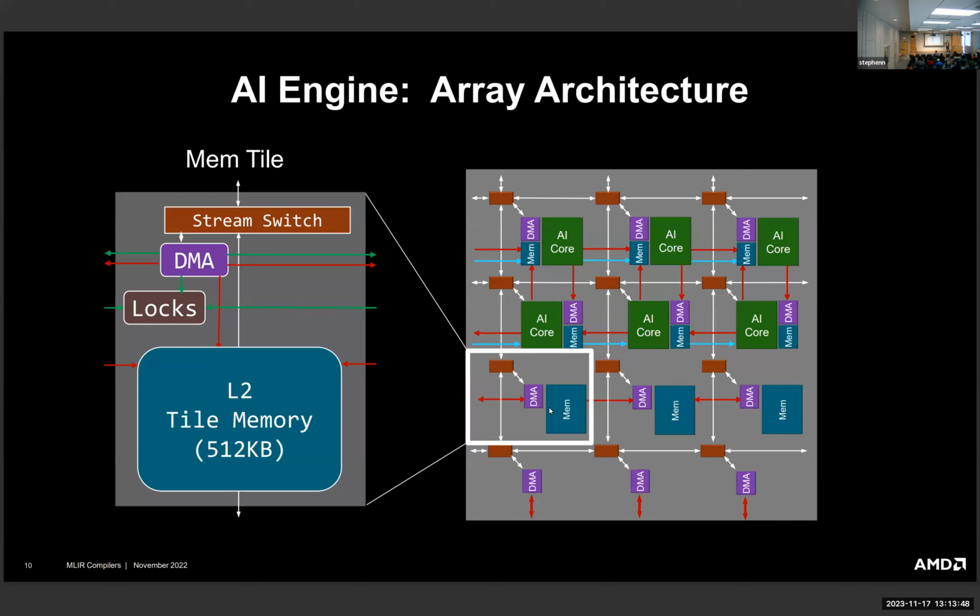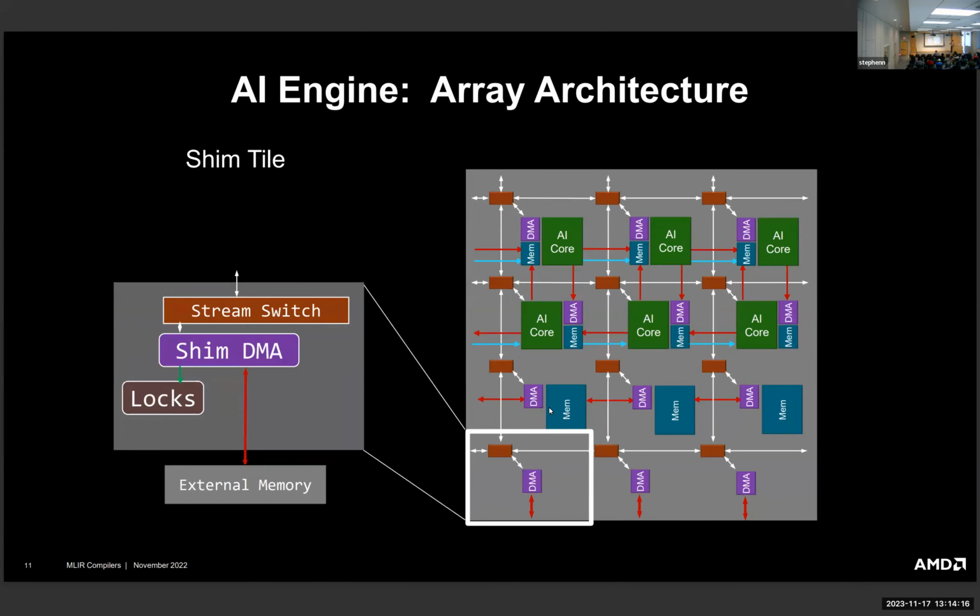But it kind of has the same sort of DMA and lock scheme as a processor block, although the connectivity is slightly different. So for instance, in the mem tiles, there's no horizontal connectivity in the stream switch. The idea is you're just going to continue to bring the data straight up. And the DMA can also access some of the neighboring memory tiles. So that gives you a little bit more data that you can access from a single DMA point.